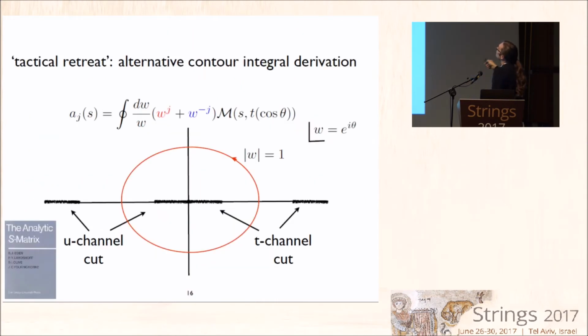There's a very simple way to derive this Lorentzian inversion formula again. I will go quickly through this technical step, but it's basically just a contour integral. So if you want to project on some Fourier coefficient, you can do an integral over this angle. It's like a contour integral in w by theta. And then you just want to close the contour.